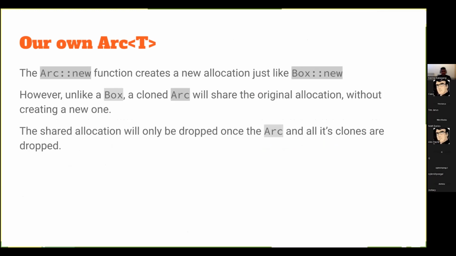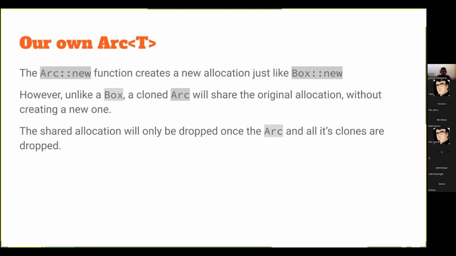Now we'll build our own Arc, right? So what's the idea here? What are we actually trying to do with Arc? Like we saw before, the expectation is that whenever you put some data type in Arc, that data lies in the heap, and every time you clone it, you don't allocate any new data.